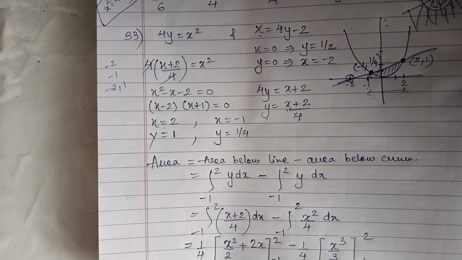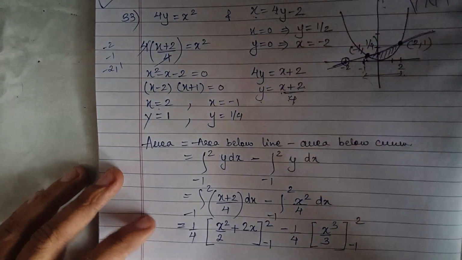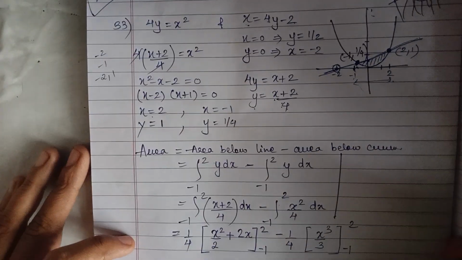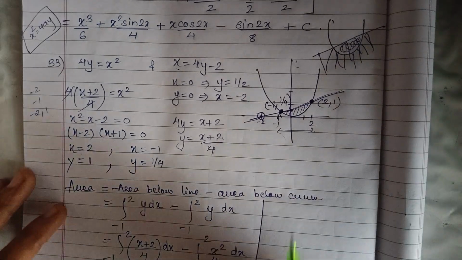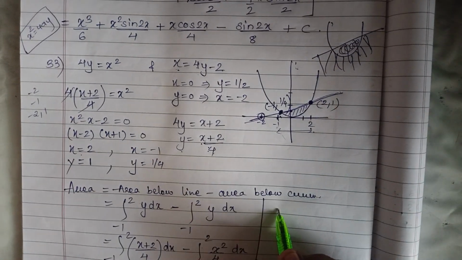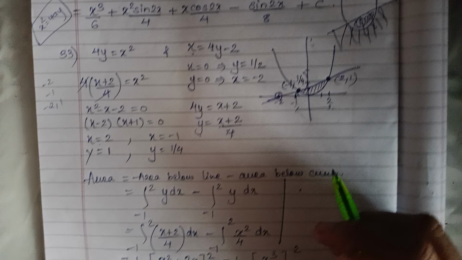Substituting the limits, we will get 1 by 4 you can keep outside.